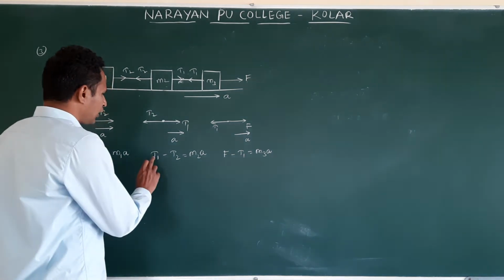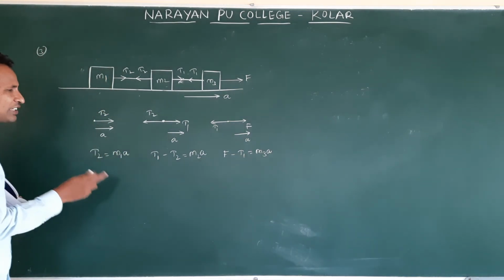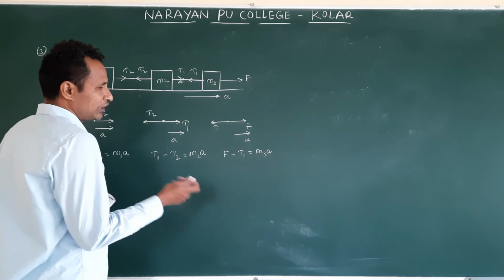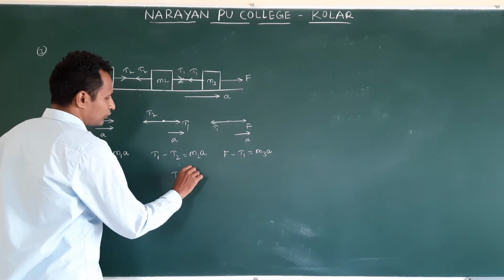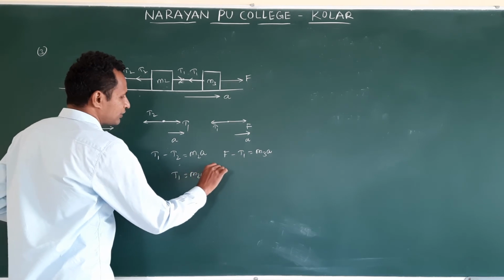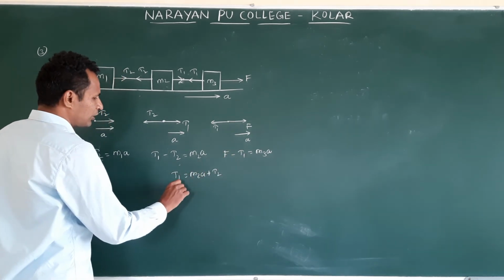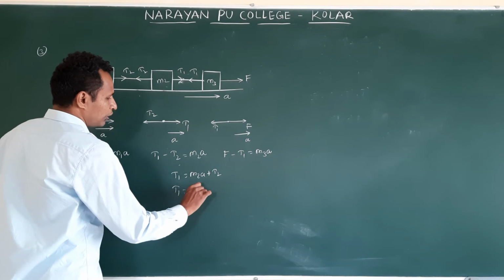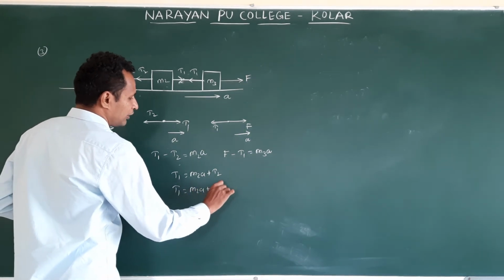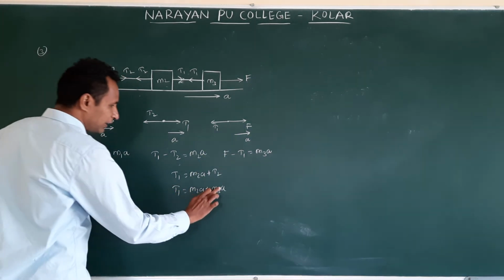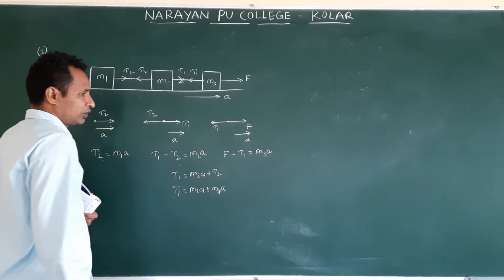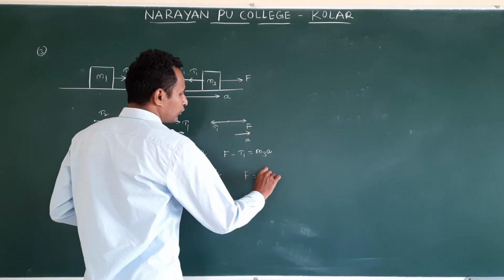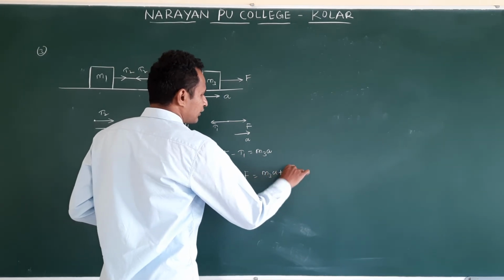Understand? Now they are asking for the acceleration as well as the tension. So first we need to find the tension. Substitute T2 here, and T1 is equal to M2A plus T2. I am writing in detail, but these are not required. M2A plus M1A. Now we got T1. Here, F is equal to M3A plus T1.